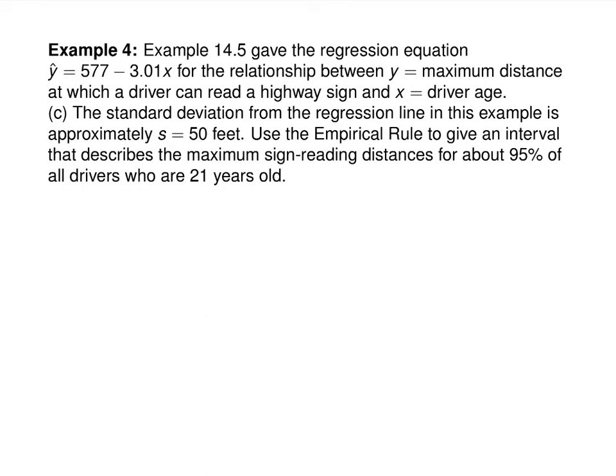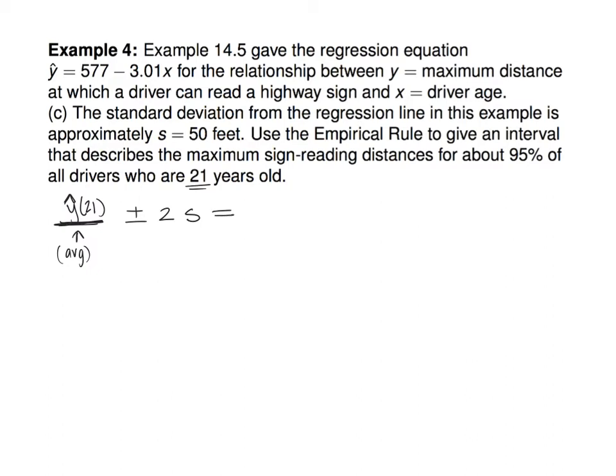So your empirical rule says you take some value plus or minus 2 times your standard deviation. And the question is, what is that some value? Well, what goes there is the average, and that's what you found in part A. So in this case, it's going to be the y hat, and specifically when you've plugged in 21, because we are talking about 21-year-olds.